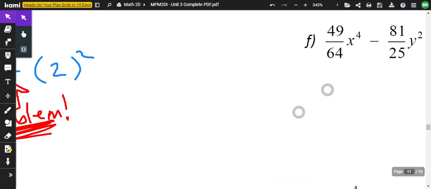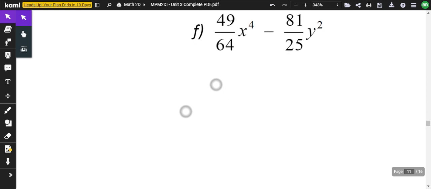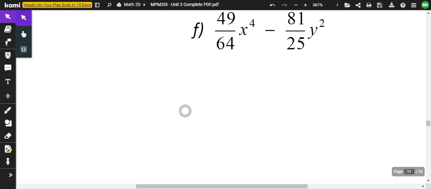Okay. F. Ooh, mama. Fractions. Now, fractions are just numbers. And we're not stressed by numbers. We're fine. Fractions are all right. And in fact, what you should see right away, which is why we did it like this, is these are clearly squares staring you in the face here.